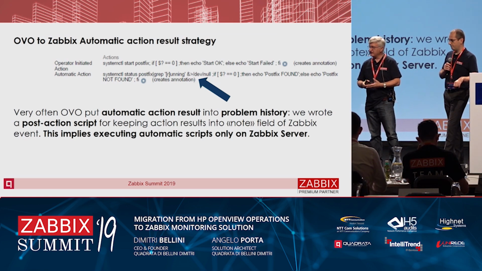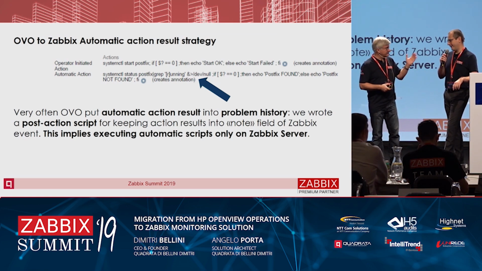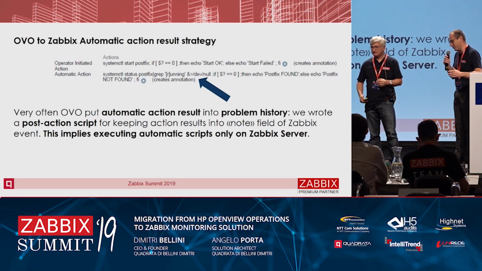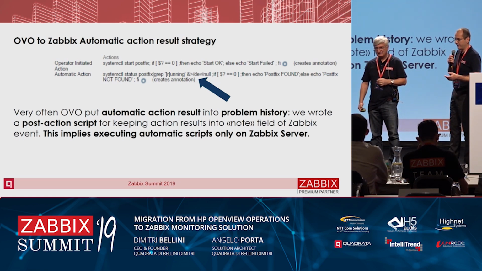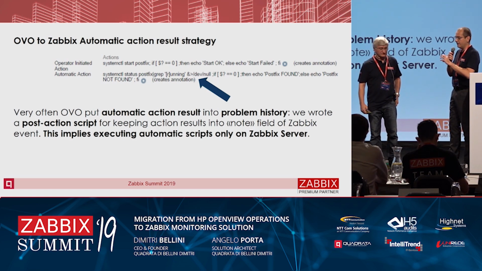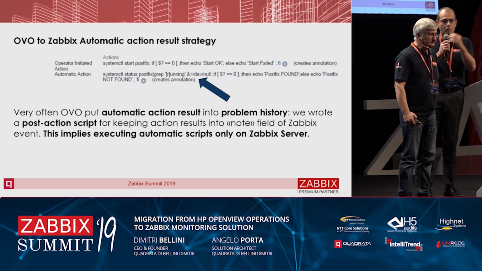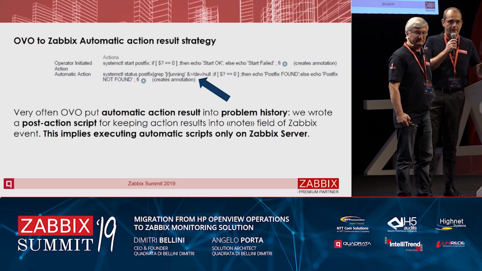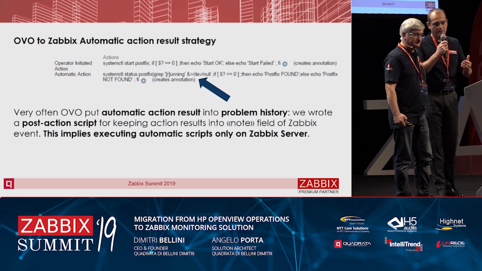We solved this by writing scripts, usually integrated with the Zabbix API. For example, during a problem event, the customer executes global scripts, and the output of the global scripts goes inside the notes of the event. The same thing is also applied in the automatic action of Zabbix.